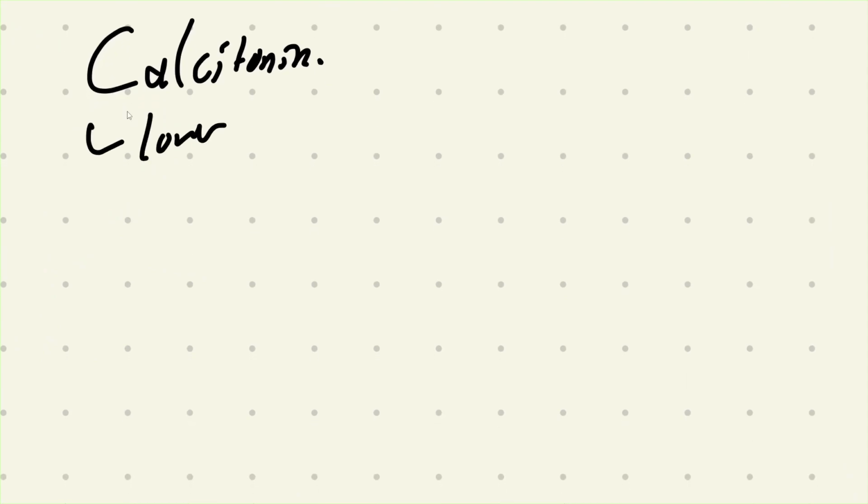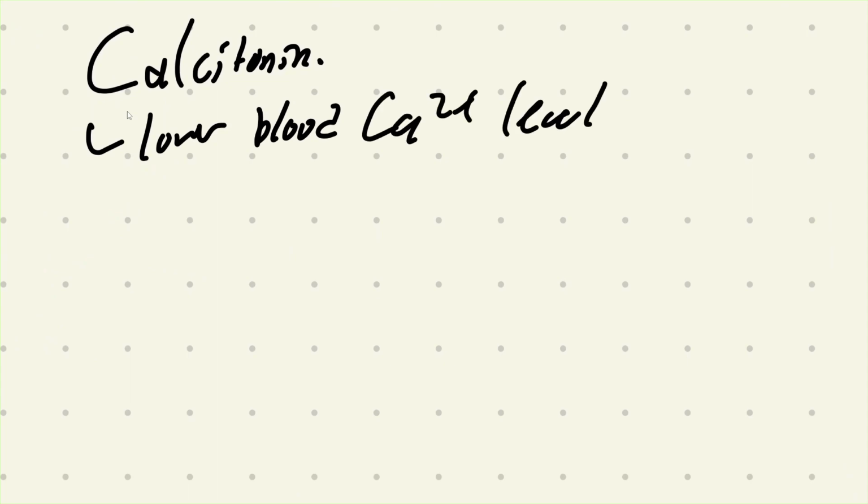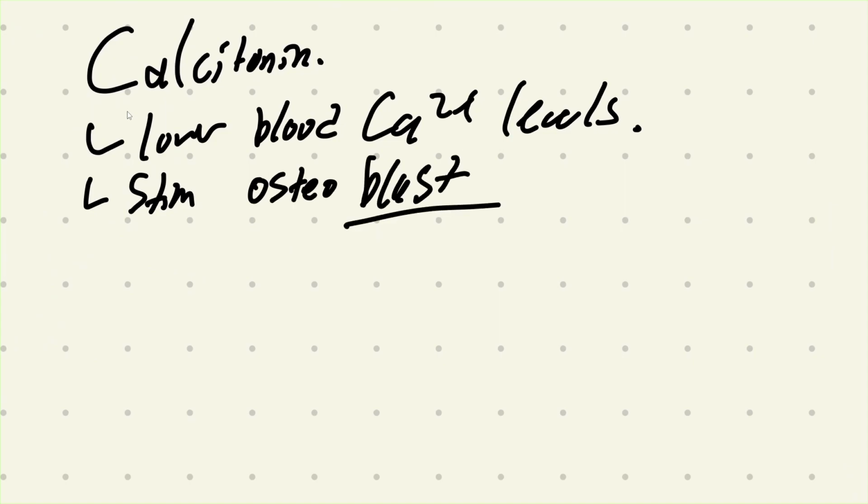Alright, and now what's the opposite? Calcitonin. Calcitonin is the opposite, where it's going to lower blood Ca2+ levels. So what it's going to do is stimulate osteoblast activity, meaning it's going to make some bones now.